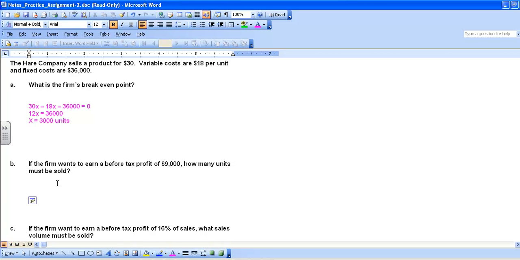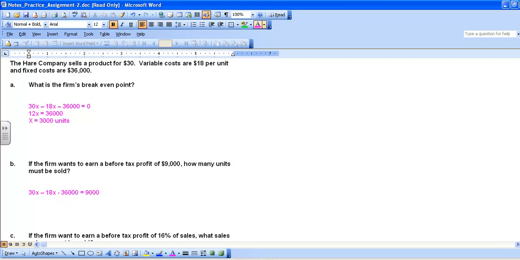So we're going to use the same equation, 30x minus 18x minus 36,000. But this time we want to earn $9,000. So let's solve for x. 12x equals 45,000.